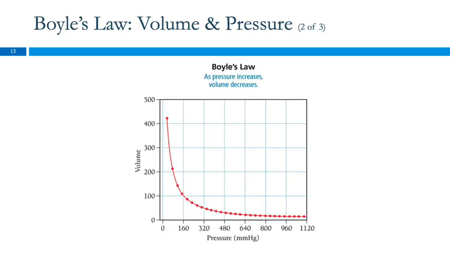This is an example of Boyle's law graphed. So here's the volume of the gas and the pressure. So as the pressure increases, the volume of the gas decreases. So that's a pretty graph, but what's a lot more useful is if we can have a graph that gives us a straight line instead of curves.